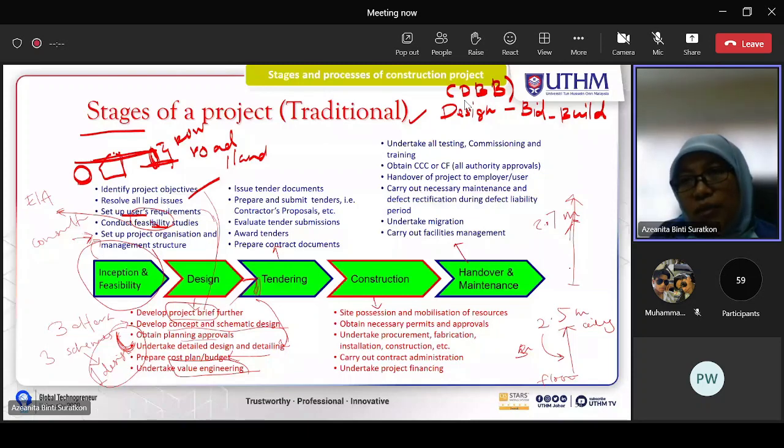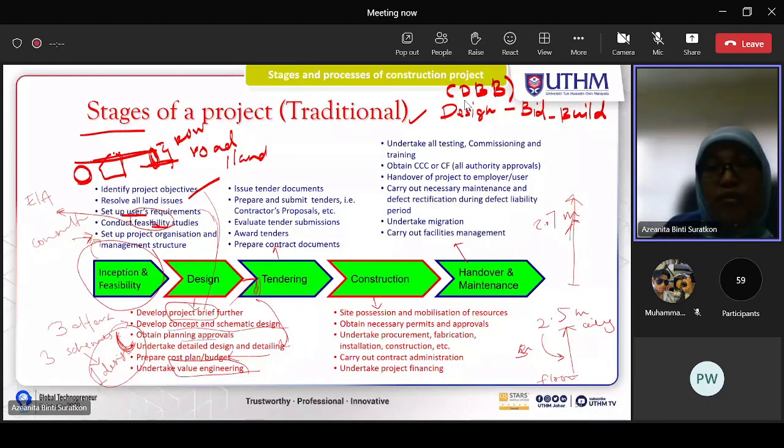So if the wall is higher, it means the material to make the higher wall will be higher. Okay, so the cost actually is involved here. So this value engineering practice will see if the project can come back to the standard 2.5 meter height.